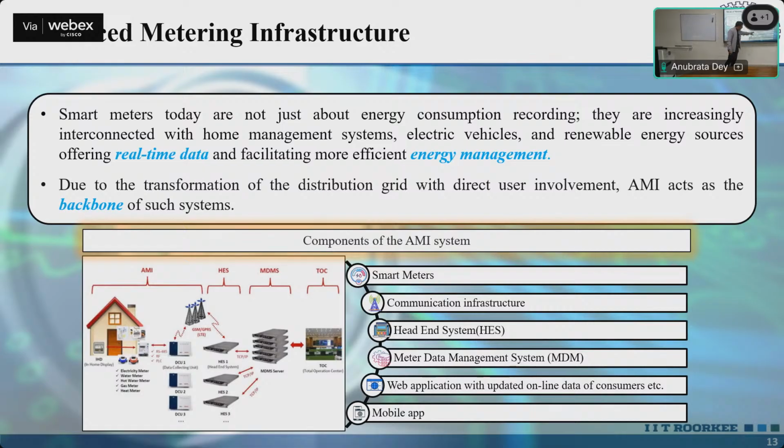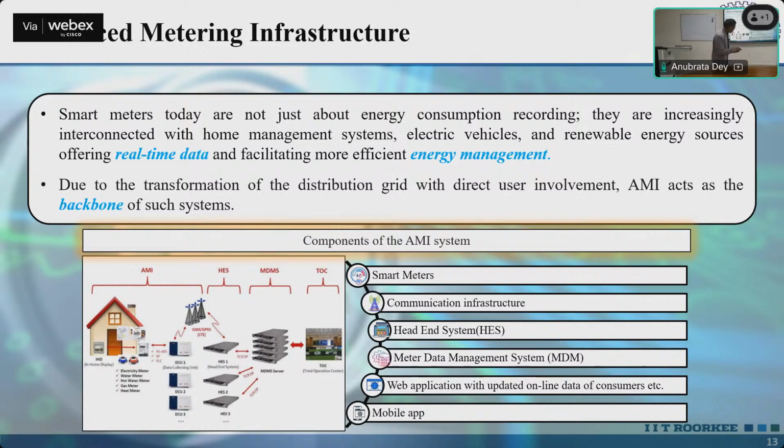You have some communication infrastructure depending upon the capability and application. Then you have the head end system. You have the meter data management system, which is normally at the utility side. And of course, some web application where you want to control it through your mobile app, so that is also there.